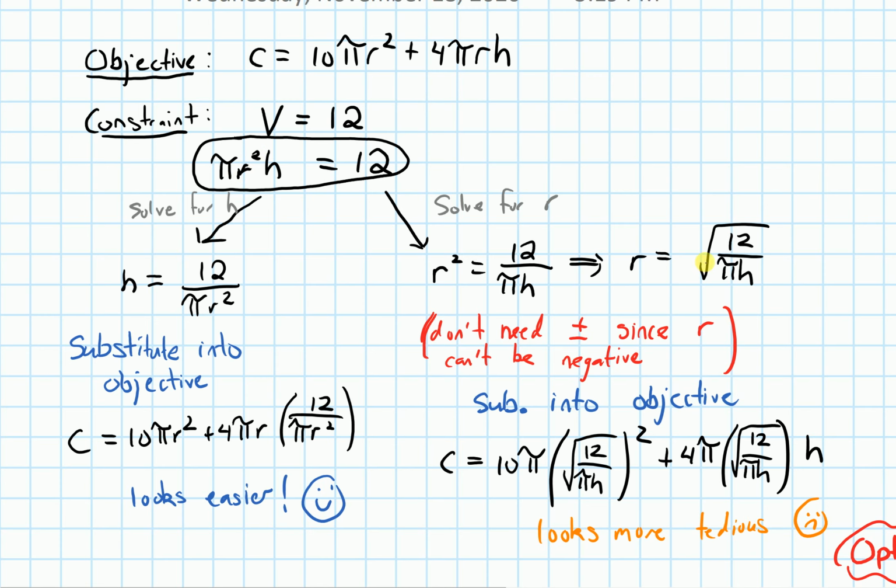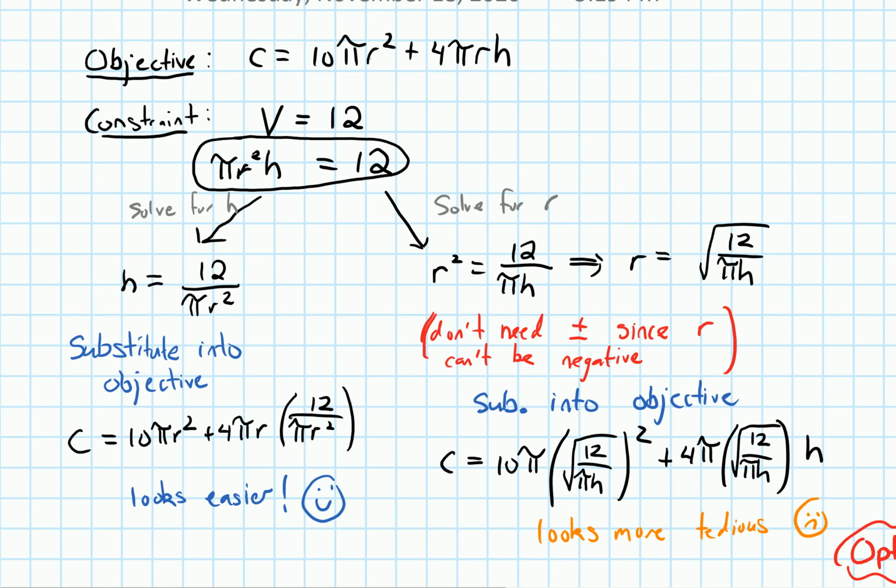So that's one thing to look for in a problem: when I solve for one of my variables, will I end up with something more complicated, like a square root? That happened when we solved for r. The other thing I can look for is that in my objective equation, r occurs twice, in the r squared and in the 4 pi r h, but h only occurs once. Because h only occurs once, it's going to be a little bit easier to just plug in for the h, because I only have to plug in something once there.